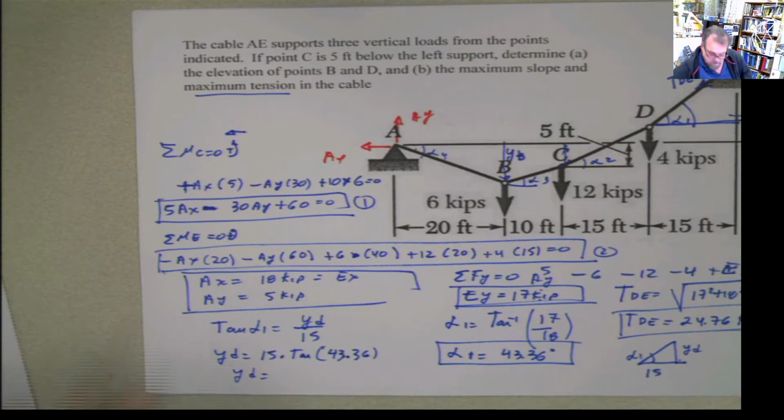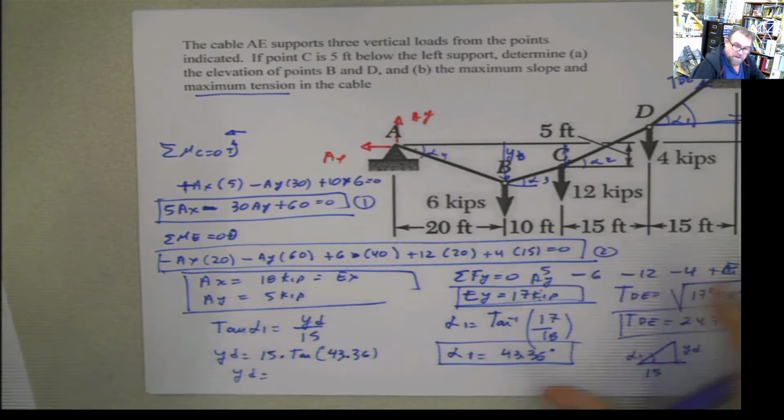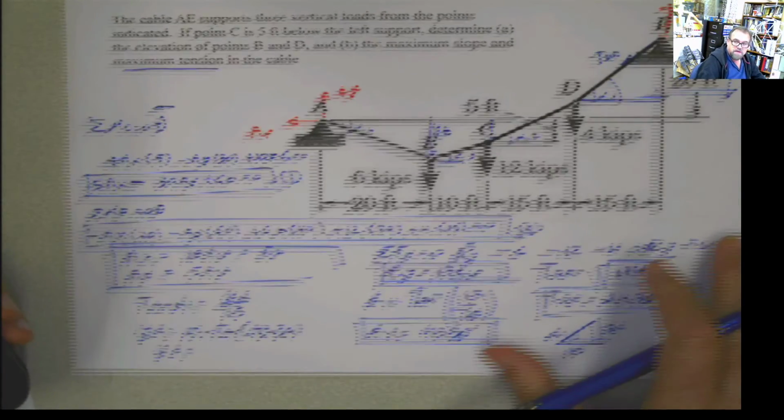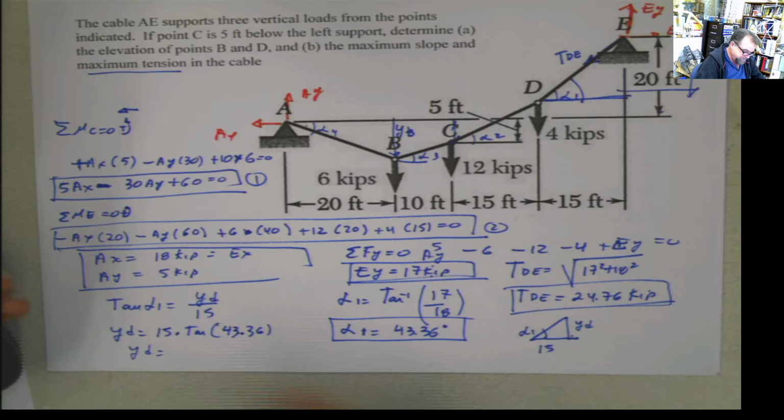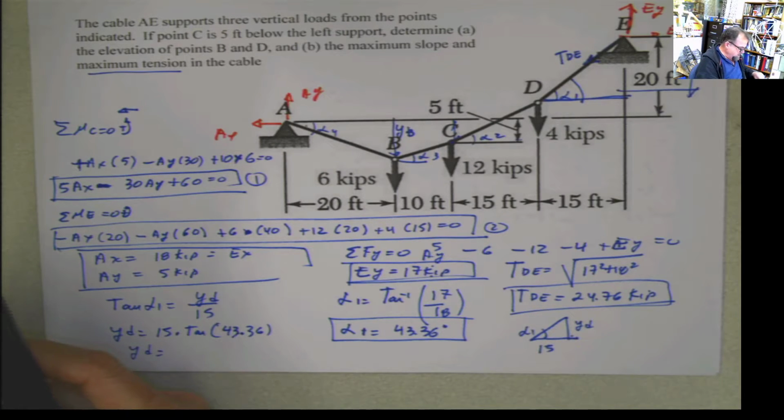And YD is equal to, if it looks like I'm solving this live, it is. I don't have the backup, but it doesn't matter. I like to do it like that. And if I have any error, I will let you know later, but I don't think there is any error here. Tangent of this multiplied by 15, and that will be 14.16.